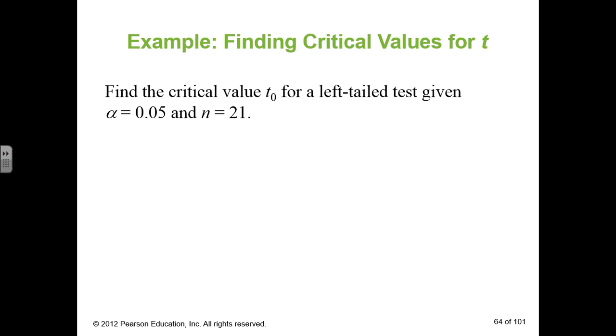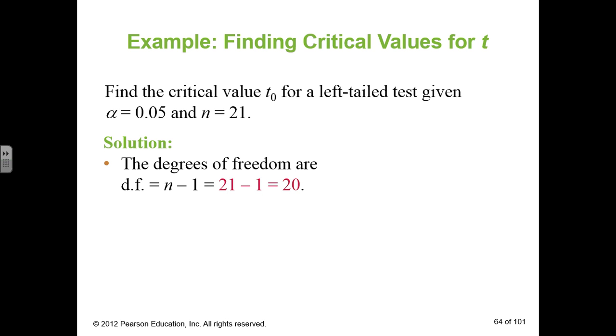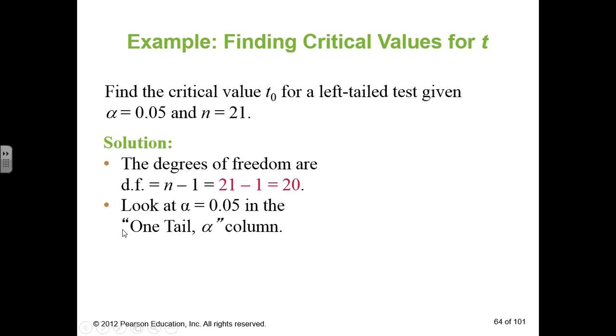For example, suppose we're trying to find the critical value for a left-tailed test given significance level of 0.05 and n equal to 21. Well, if n is 21, then the degrees of freedom is 20. So we look across the table to find the row that says one tail alpha and the column that says 0.05.